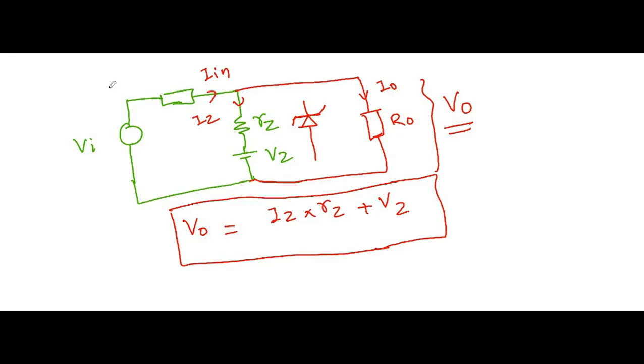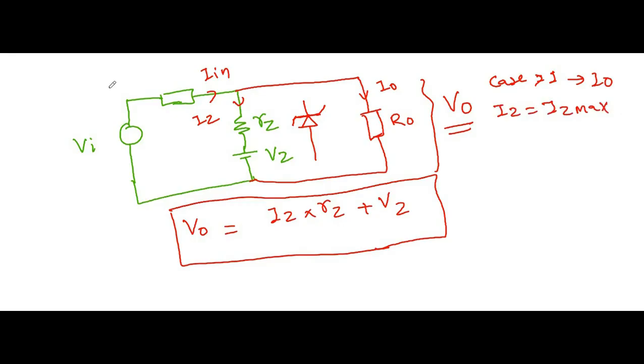Let's say we talked about case number one. In case number one, our I naught was 0. That means IZ was IZ max, so the maximum current flows through your Zener diode.